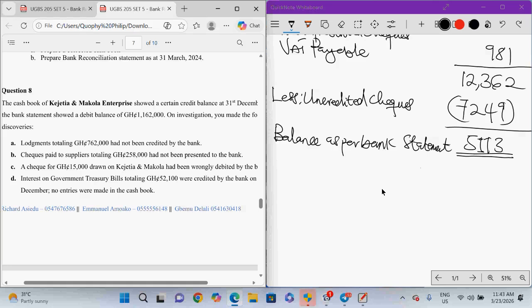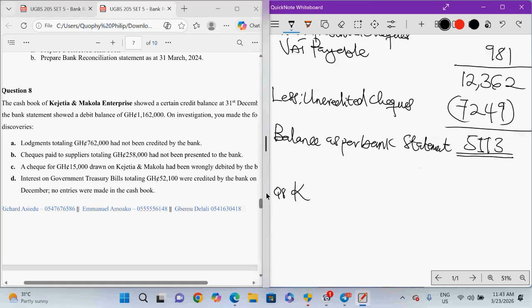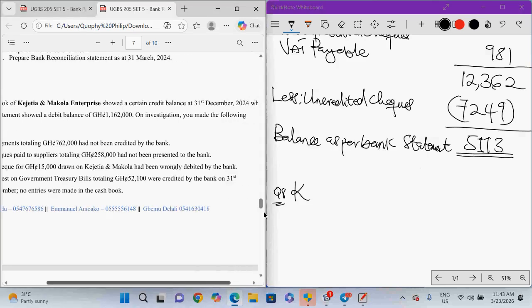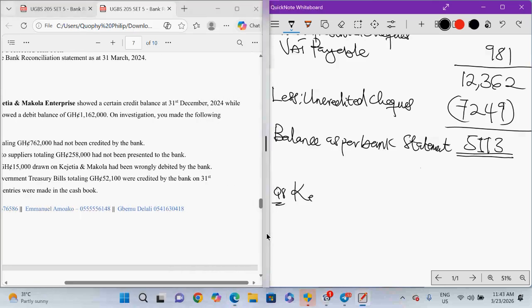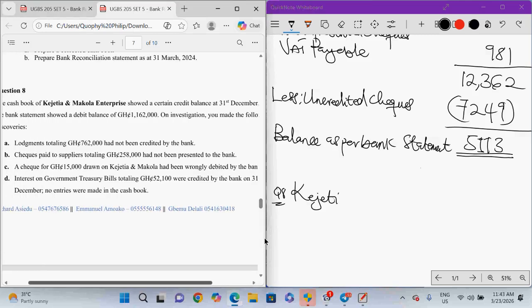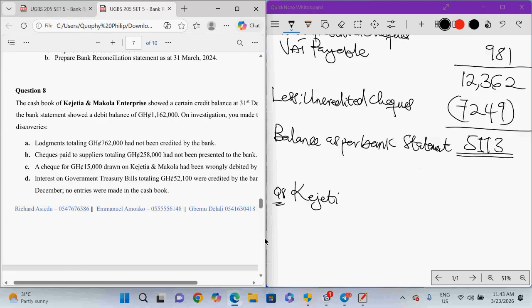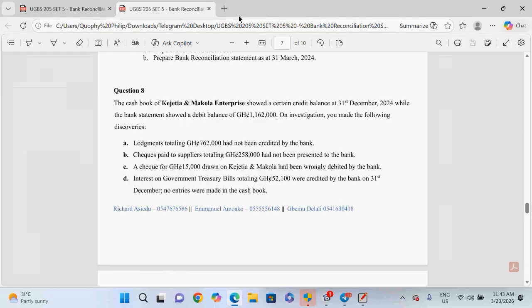The cash book of the Enterprise showed a certain credit balance as at 31st December. On investigation, you made the following findings.